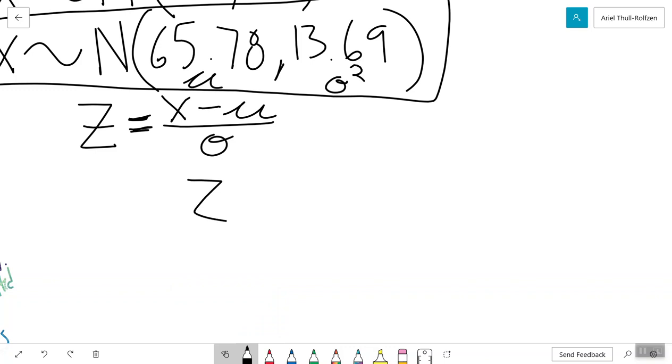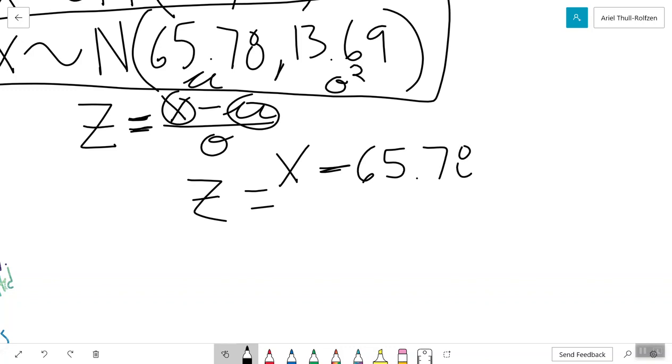So I know that Z equals, I don't have an X value quite yet, so I'm going to say X minus, but my mu I know to be 65.78, all over, and here I'm given my variance, but I need to know my standard deviation.